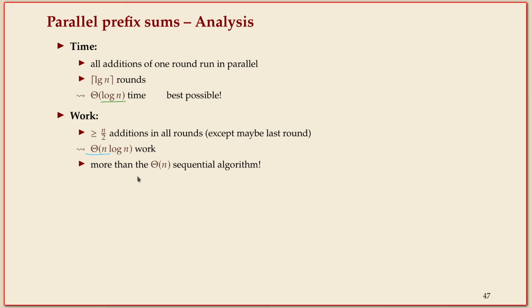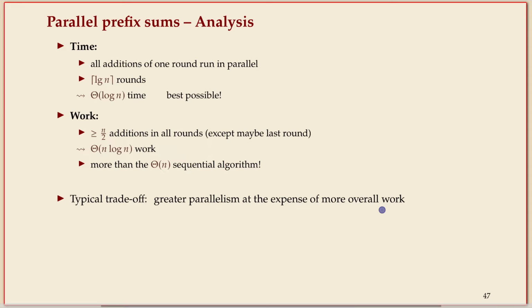Now, this is not work efficient because remember, the sequential algorithm took just linear time, and now we need n log n time. So that's not the ultimate prefix sum algorithm yet. And in this case, we can see it as a trade-off. We improve the parallel time, but at the expense of more work, which might or might not be better.